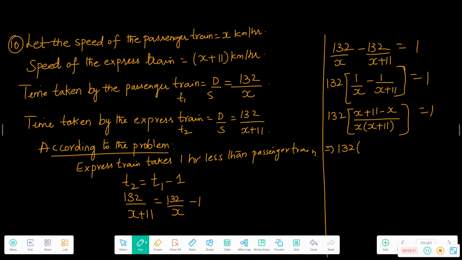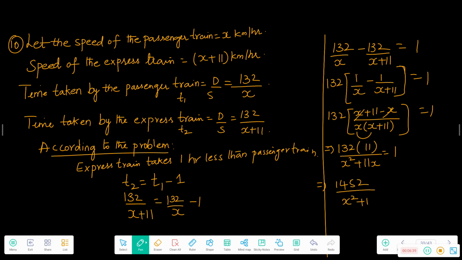So 132 into 11 by x square plus 11x is equal to 1. If you multiply 132 into 11, you will get 1452.